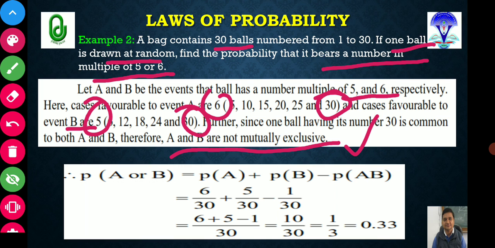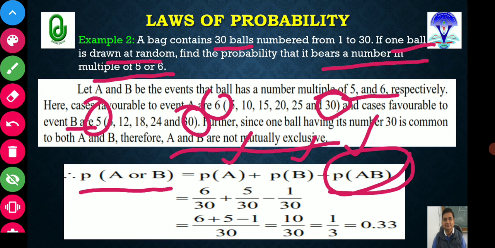Now the simple formula: the probability of occurrence of either A or B, that is either multiple of 5 or multiple of 6, equals probability of A plus probability of B minus the joint occurrence probability of A and B. So now it will be 6 by 30, probability of occurrence of A, and probability of occurrence of B, that is 5 by 30, and it will be subtracted by the joint probability or simultaneous occurrence of events A and B, that is 1 by 30.